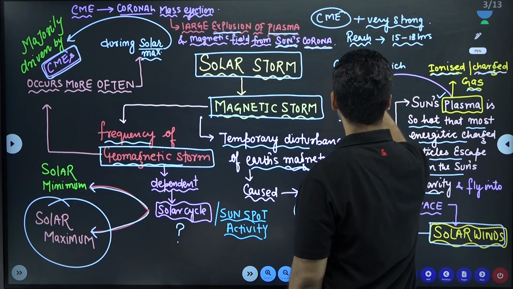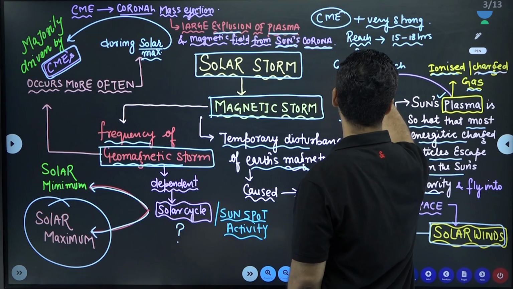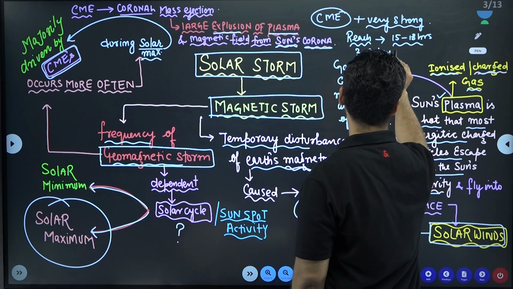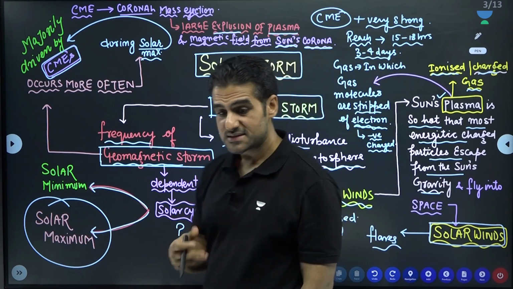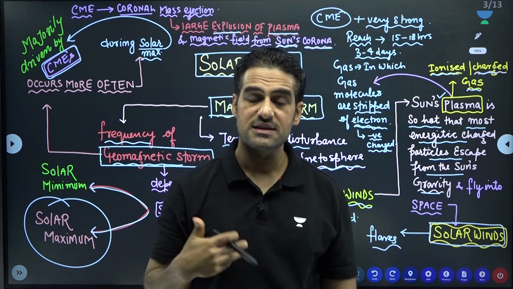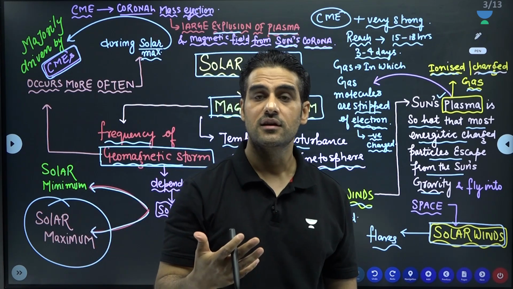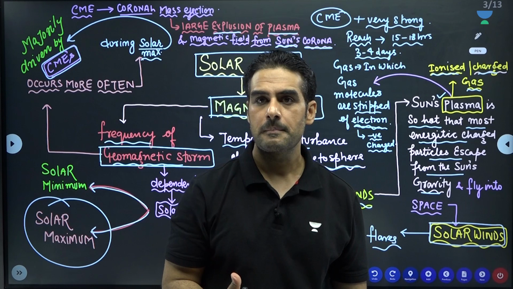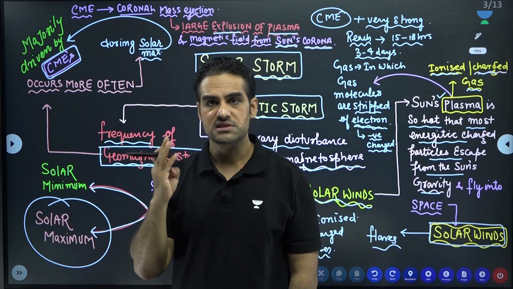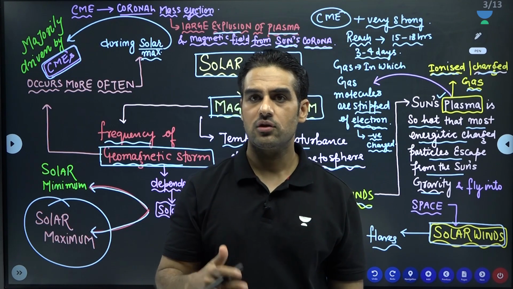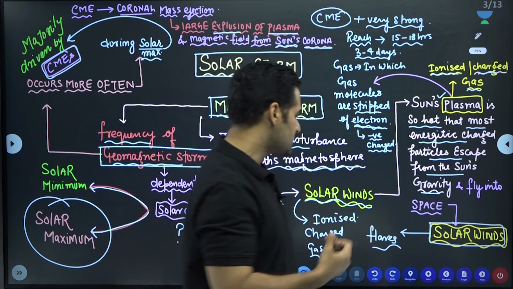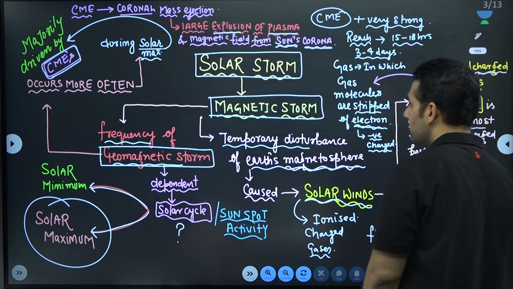And when it is weaker, it can generally take 3 to 4 days. Is this clear? So it means something is happening within the Sun which is increasing the intensity of these solar winds. So are the terms clear? What is plasma, solar flares, solar winds and coronal mass ejection? Let's now discuss another part.